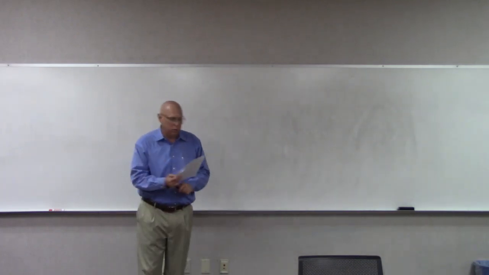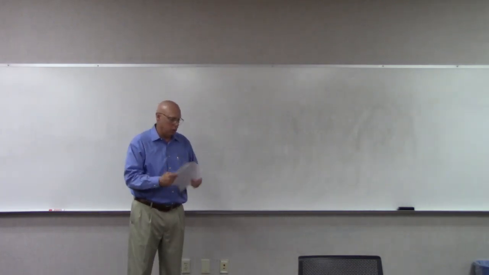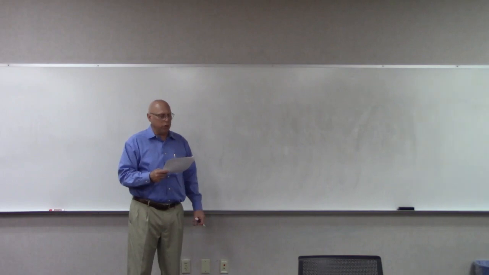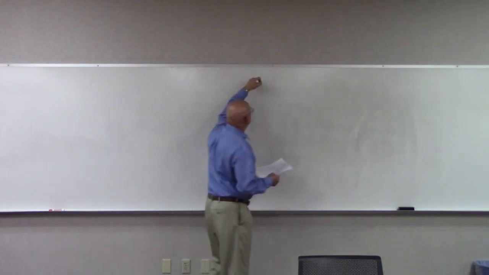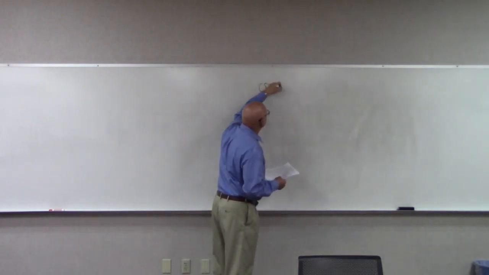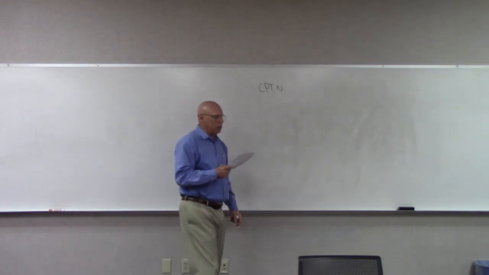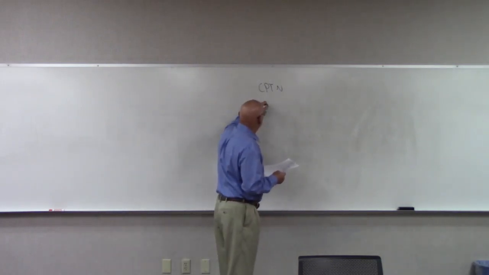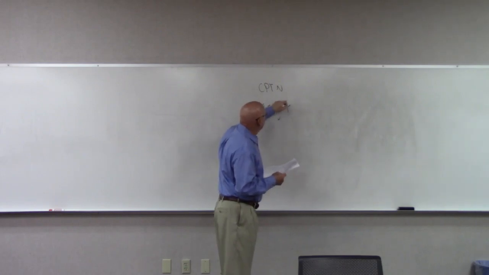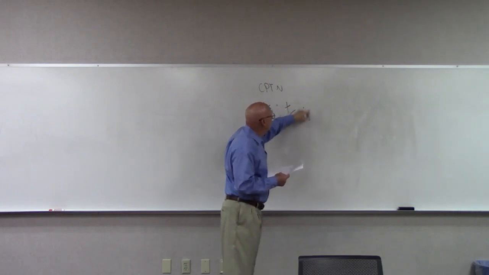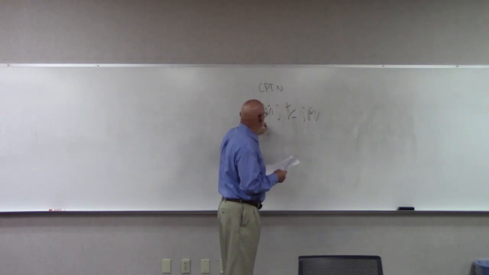Okay, so let's do the first question. How many years until this bond matures? Compute N. That's what we're going to be looking for. All right, so the bond has a current price of $850, plus minus present value. 1,000.